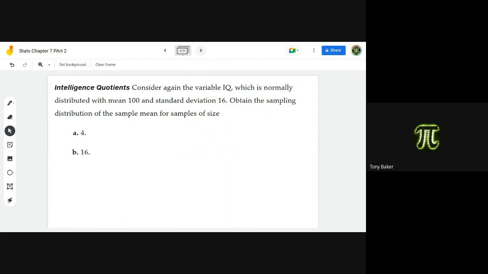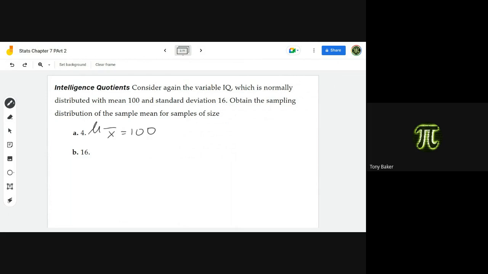So if my sample size is 4, what's the mean? Correct. My mean is still 100. What's my standard deviation? 16 is the standard deviation of my sample size of 4.